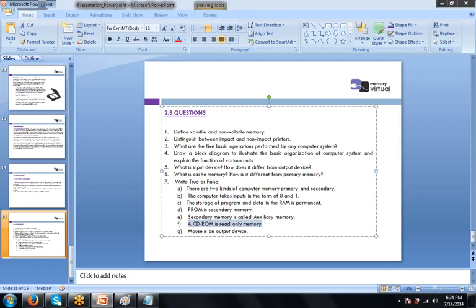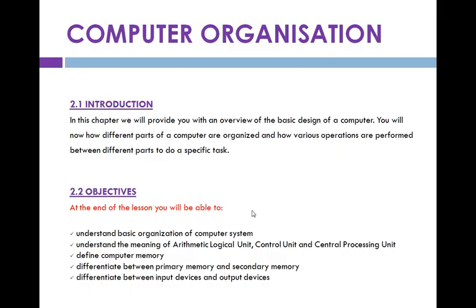CD means compact disk. ROM means read-only memory. So answer is true. Mouse is an output device. As I told you, mouse is an input device. So answer is not correct. That is false. So this is your basic idea of the computer. That's all.